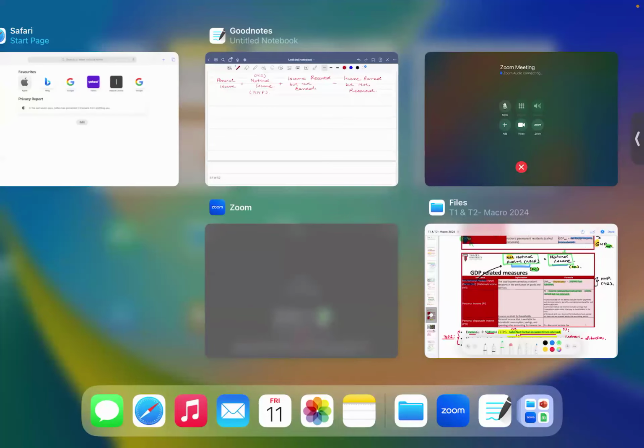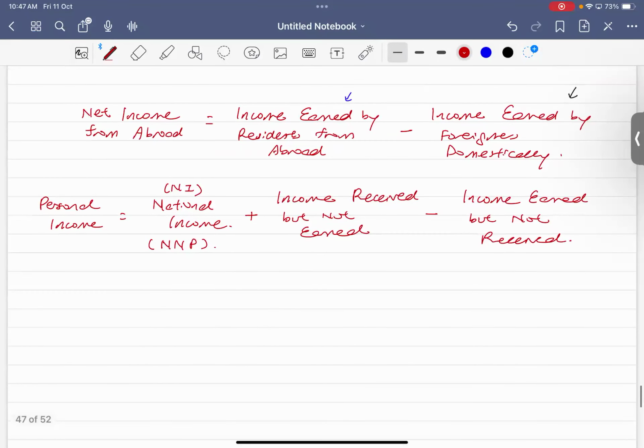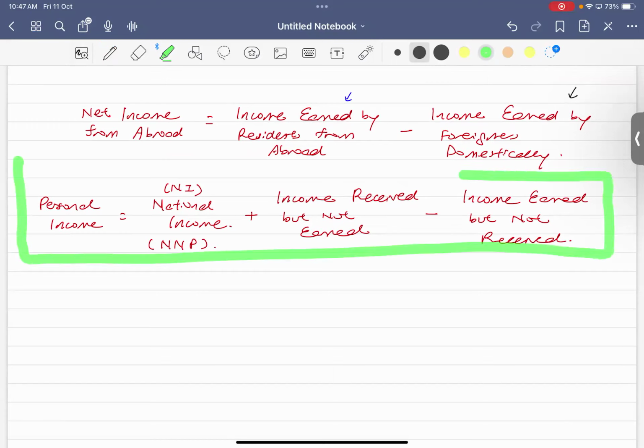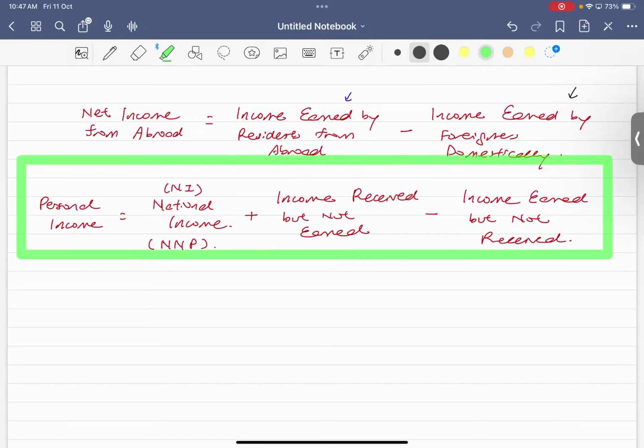Okay, now I want you to think of an example. For personal income, this is the formula: we use the national income plus income received but not earned minus income earned but not received.